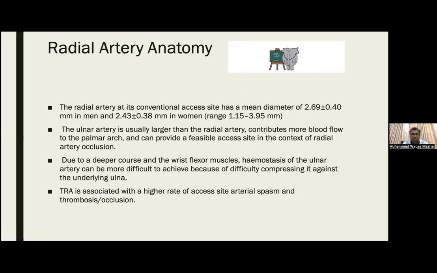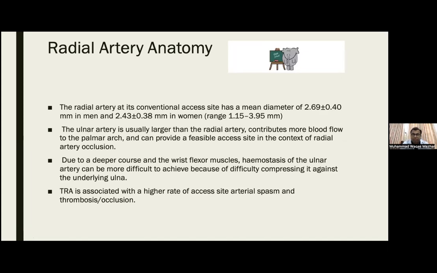Starting from the radial artery, at its conventional access site it has a mean diameter of 2.69 millimeters in men and 2.4 millimeters in women. The average range is 1.15 to 3.95 millimeters. The ulnar artery is usually larger than the radial artery. It contributes more blood flow to the palmar arch and can provide a feasible access site in the context of radial artery occlusion.